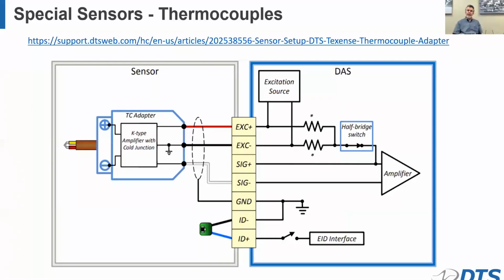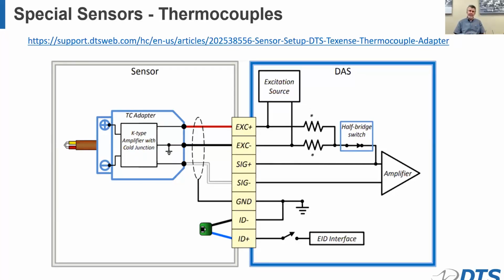So let's talk a little bit about some special sensors. In this case, thermocouples. Thermocouples fall into a special category of three-wire active devices. Typically, we use a thermocouple adapter externally, and it takes plus and minus excitation, and then it has a single output that needs to go to minus signal with the half bridge switch turned on.